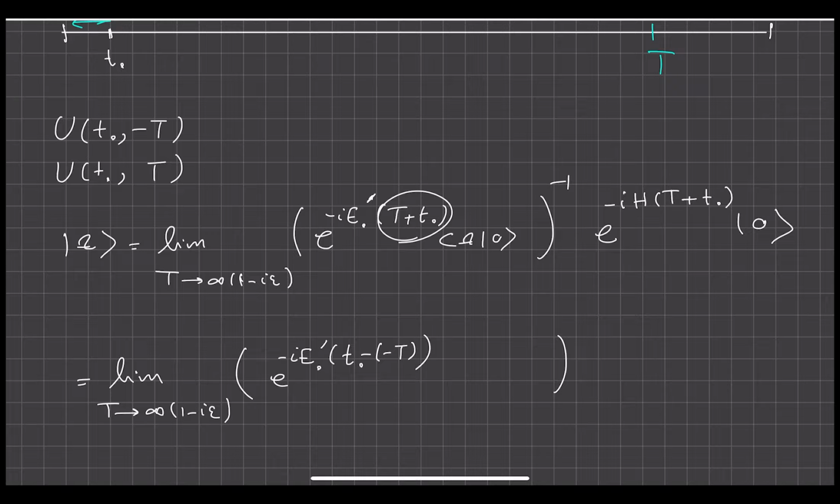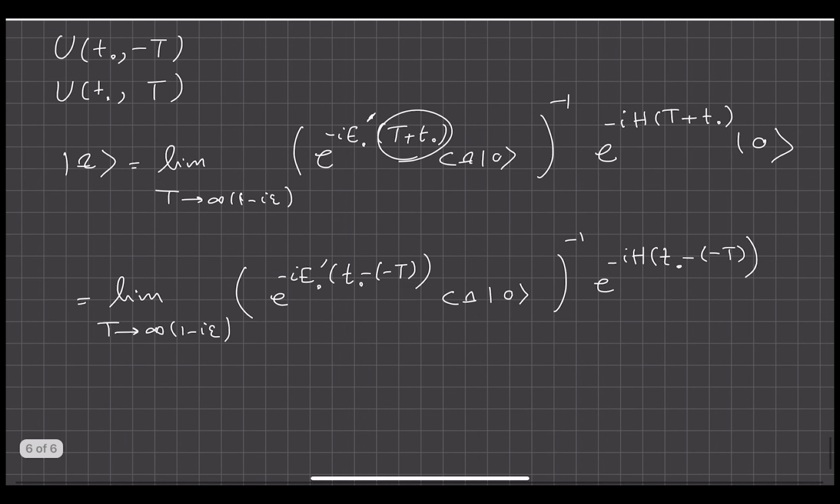And as you can probably guess, this is because I want to do the arithmetic in a way that I would end up getting the u operators, or the evolution operators. Omega 0 minus 1, and then I'm going to have exponential of minus i h, t0 minus t, and basically exponential.